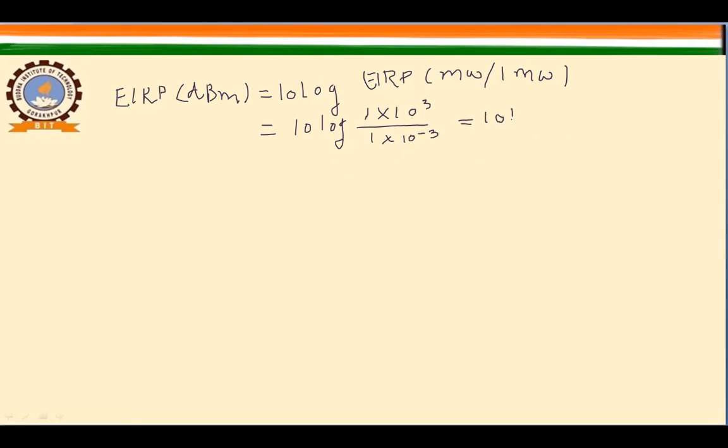It is 10 log 10 to the power minus 3, and going up it becomes positive, so you can write 10 to the power 6, so that is 10 into 6 log 10, so it is around 60 dBm.